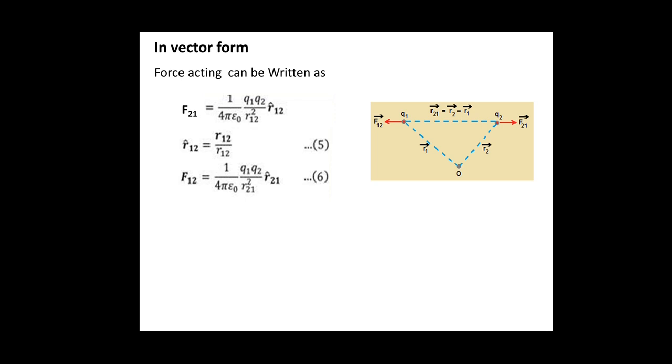You can see the second equation in vector form. Similarly, we get the last equation according to Newton's third law, that is F21 vector is equal to minus F12 vector.